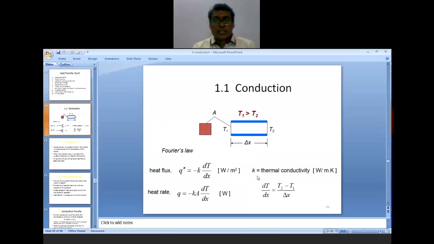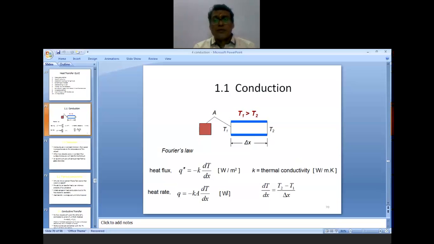So we have the Fourier law. The heat transfer rate Q is equal to minus KA dT upon dx, which has units of watt.